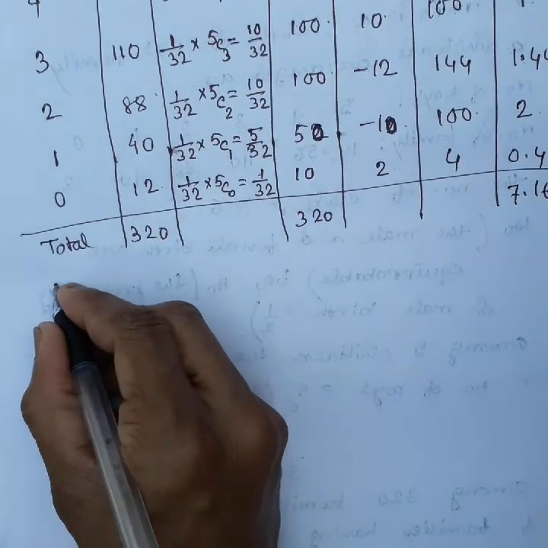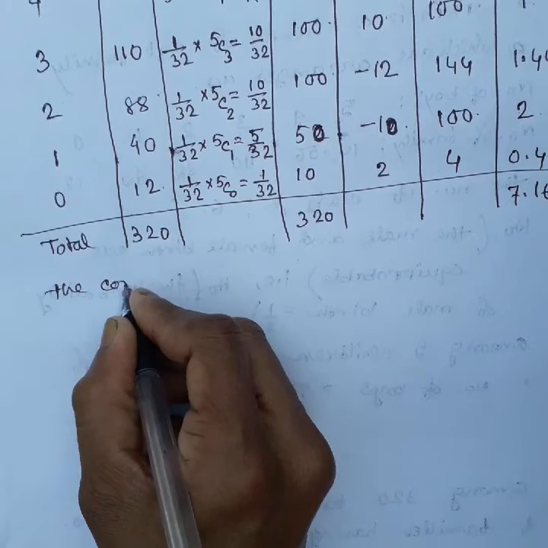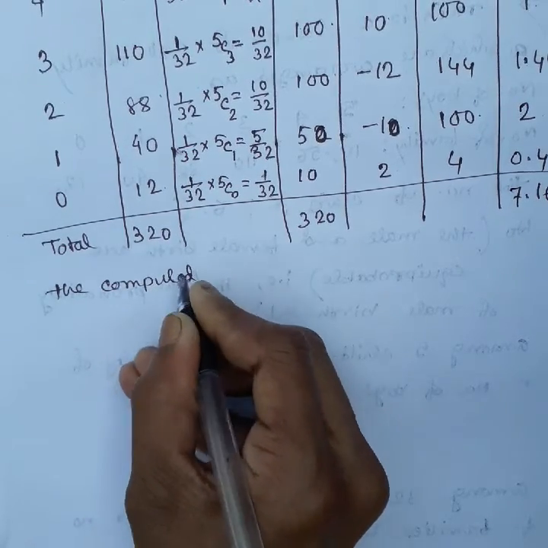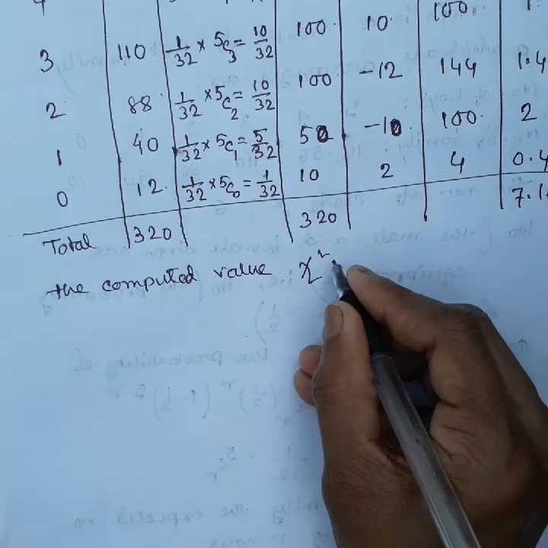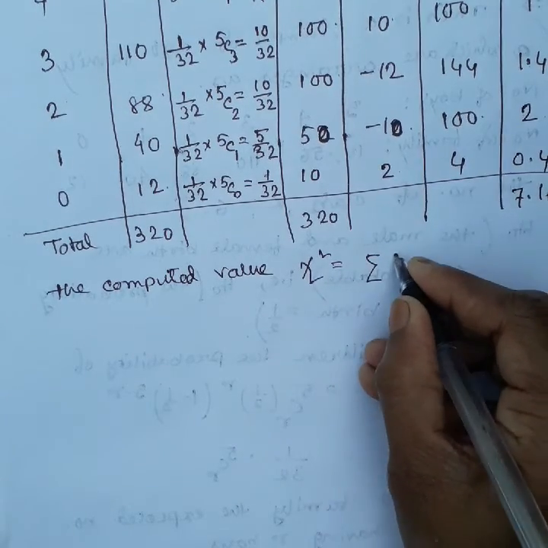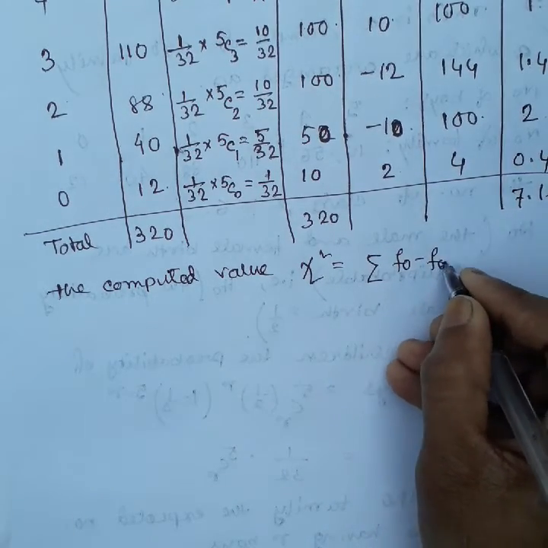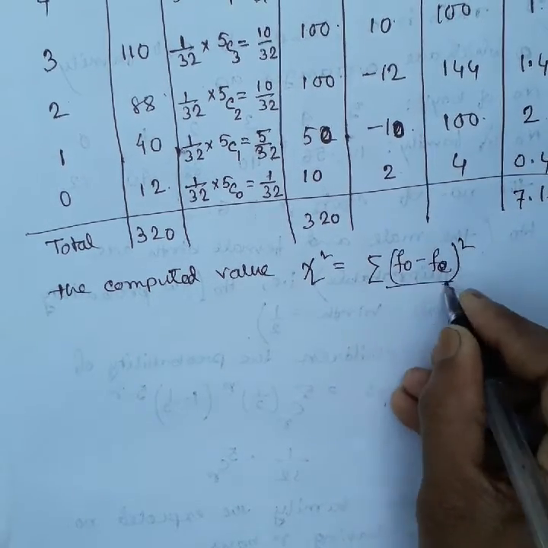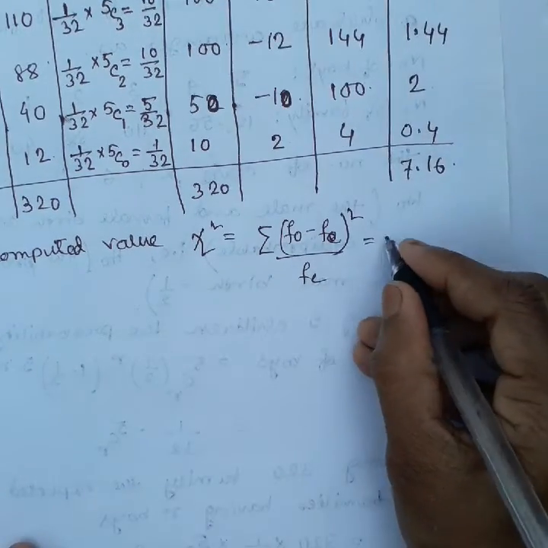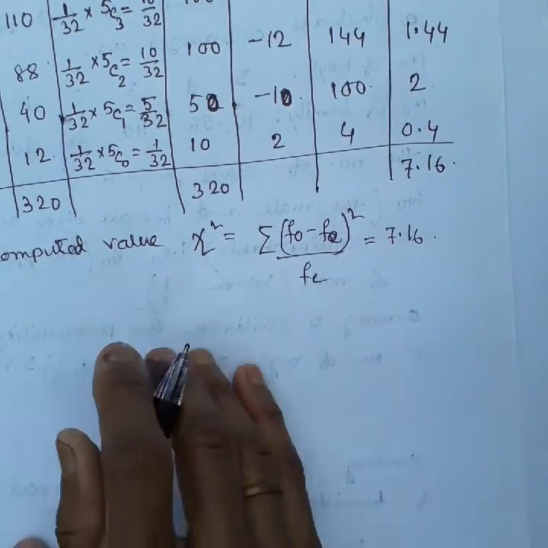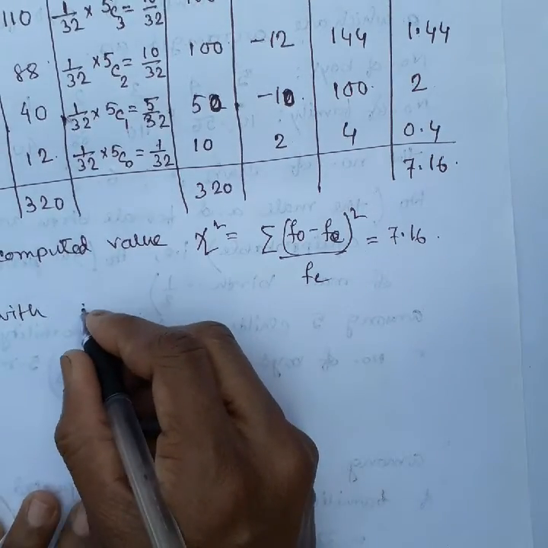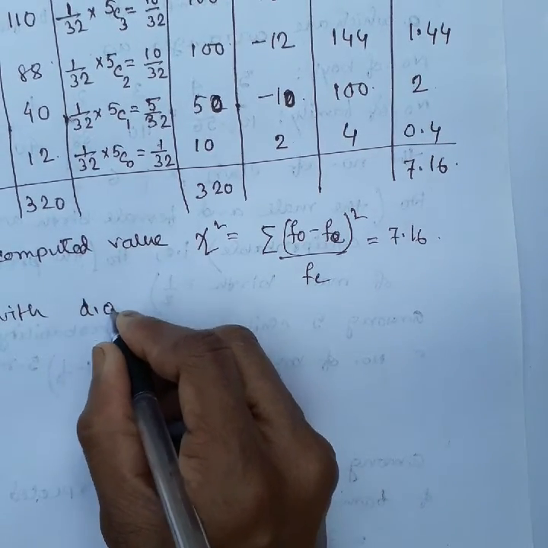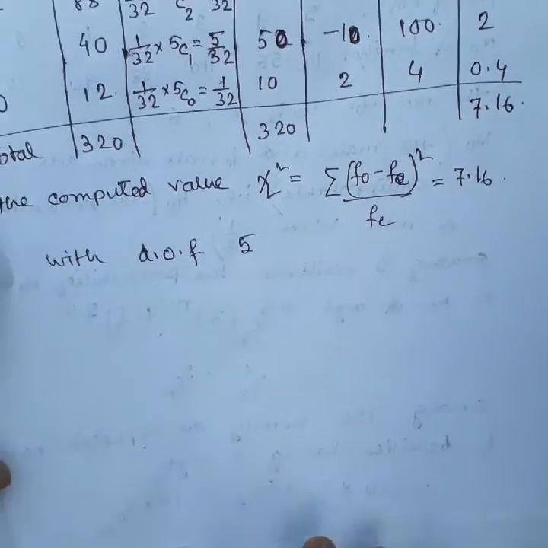So the computed value of chi-square is equal to summation of (FO minus FE) whole square by FE, this is equal to 7.16 with degrees of freedom 5.